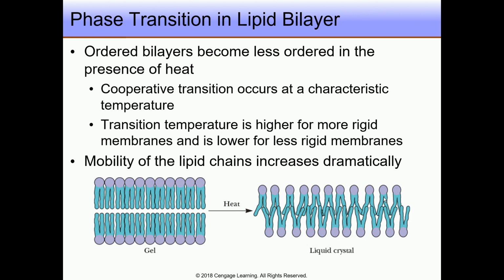That's the role of cholesterol. And plants have a higher concentration of unsaturated fatty acids, which have a kink in their structure, and that is also going to maintain the proper fluid nature of the membrane.